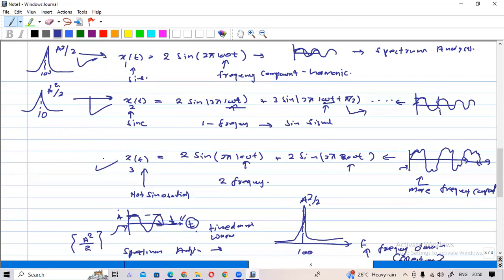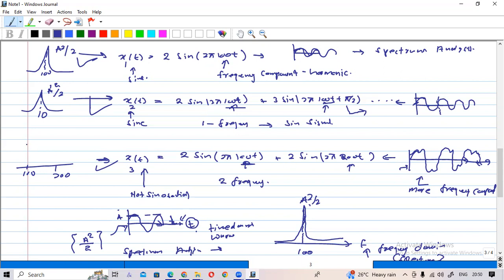Now what kind of things can we see here? You can see that there are two frequency components, 100 and 200, and there are two powers. Here the power is 4 squared by 2, that is 2. This power is 2 squared by 2, that means 4 by 2, 2.